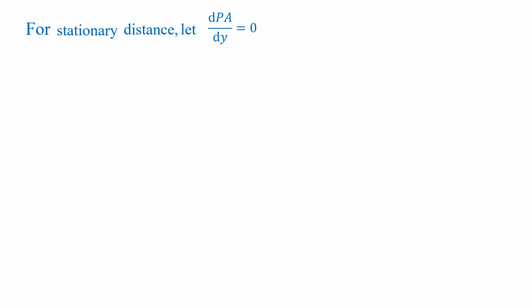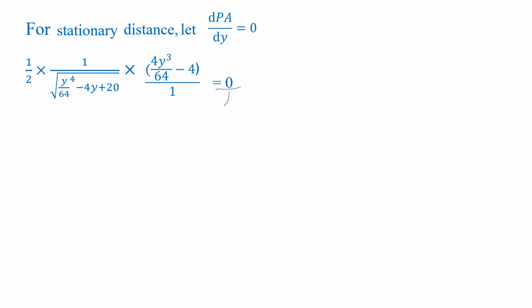Right, so we're going to let dPA over dy equal to 0, because it's for a stationary distance, stationary point, stationary value. You just let the gradient function equal to 0. This is what I have just now. Why did I make it a fraction? Because if you cross multiply, you see that this goes off, this goes off, this goes off, so you only have this left.